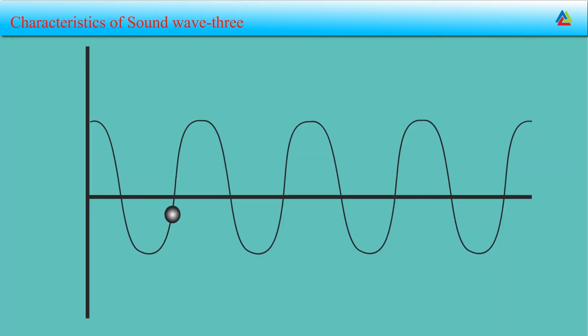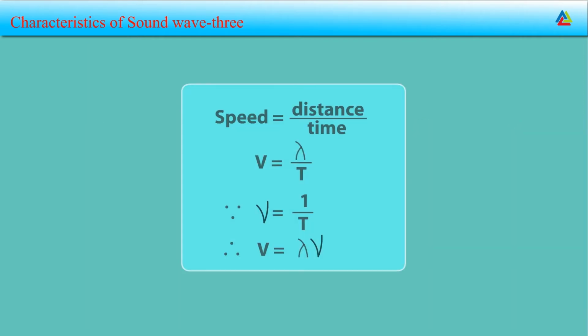Speed of sound is the distance which a point on the wave, such as a compression or rarefaction, travels per unit time. Numerically, speed is given as distance upon time. Hence, v is equal to lambda upon T. Since nu is equal to 1 upon T, v is equal to lambda into nu.